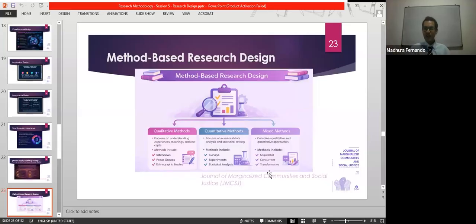So this transformative method is very important for you all, because if you are going to publish a research in this journal, the Journal of Marginalized Communities and Social Justice, you have to follow this transformative method, transformative research design, because you have to come up with solutions. You have to come up with impact. You have to come up with positive impact on the society.